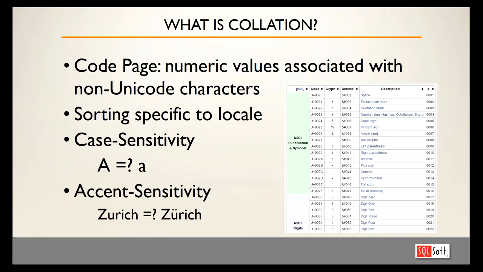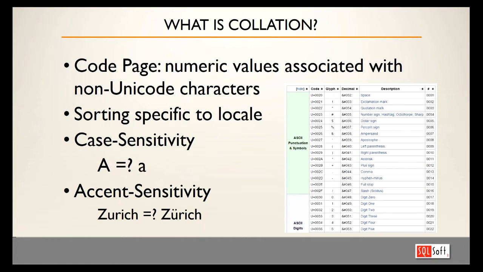But the non-Unicode characters, whether we are referring to those as ANSI characters in Windows or ASCII characters, the old way of saying that in DOS or early versions of Windows, which character is associated with a numeric value may change depending on which code page you select.